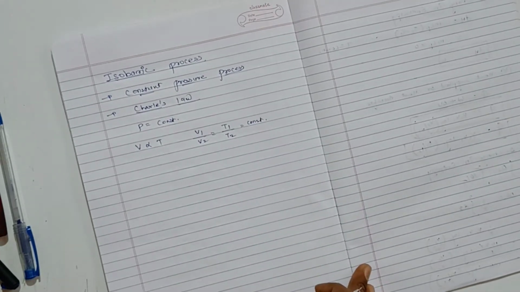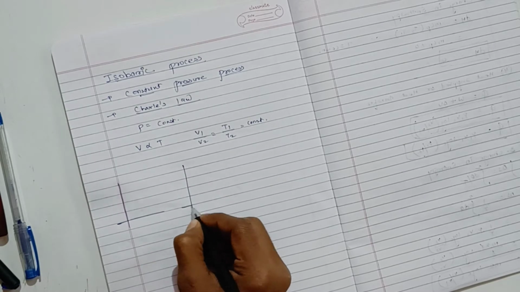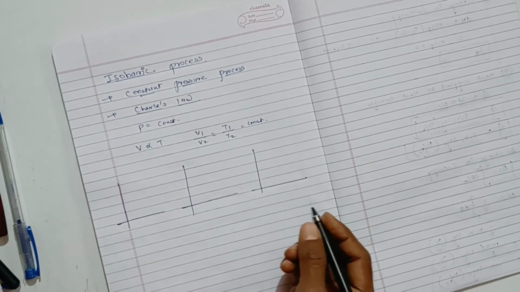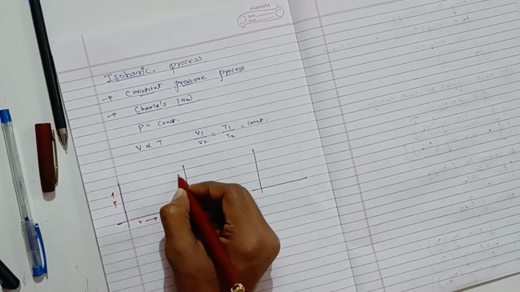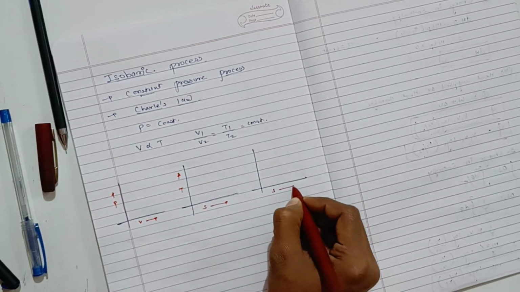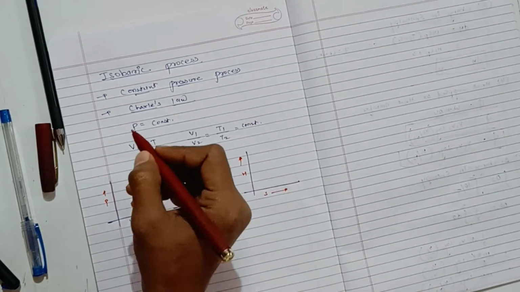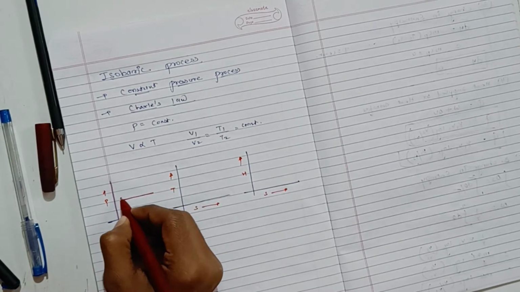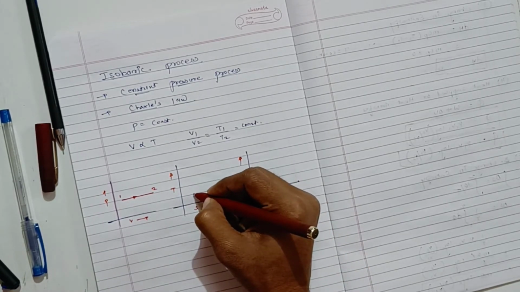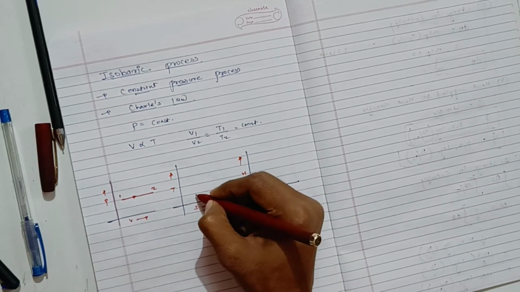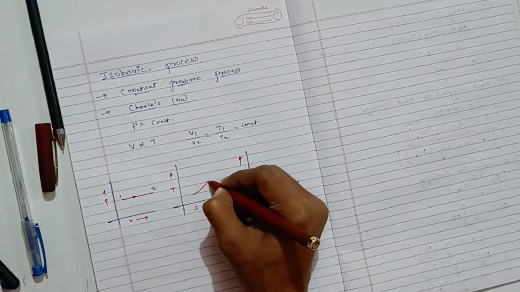Okay, in this process, if we want to draw the PVT diagrams, we can draw the PVT diagram as follows. In an isobaric process the pressure is constant from 1 to 2. Volume is directly proportional to the temperature, so temperature is increasing when the volume is increasing, and vice versa.